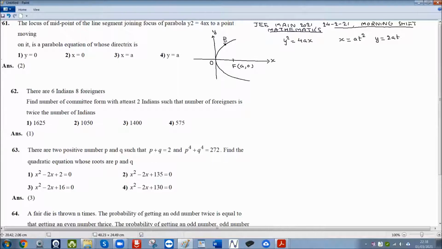So for any general point on the parabola, I can assume the coordinates of a point to be at square, 2at. Now we have to determine the locus of the midpoint of the line segment joining the focus to any general point on the parabola.